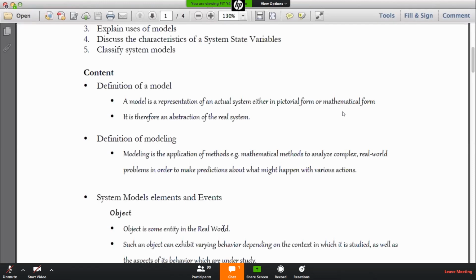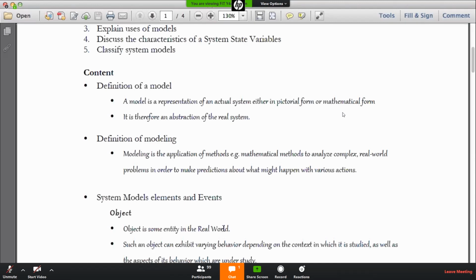Because you say model a real problem. A real problem, meaning it must have entities. So that's why we call an object an entity in the real world. For instance, if we are modeling a disease, right? In this particular case, the name of that disease becomes an object.